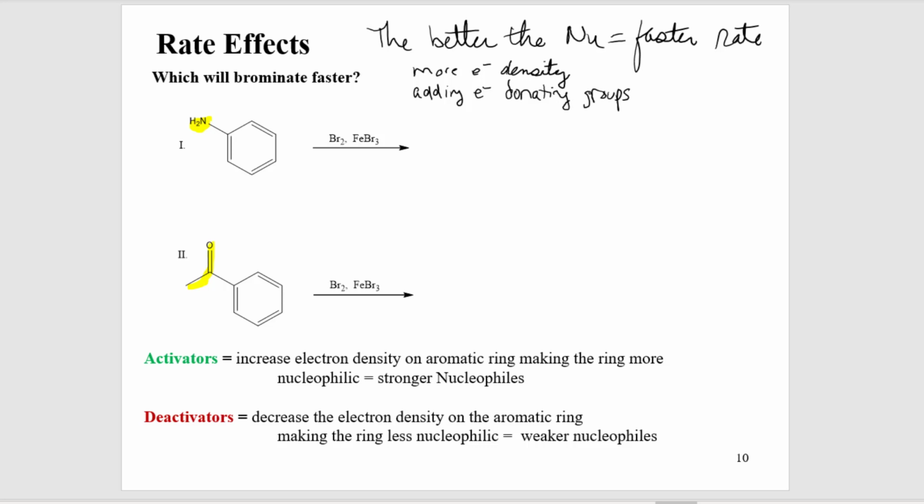So we're going to go back to that beautiful lesson I taught you in like the first few weeks of Orgo 1, how to distinguish an electron donating group from an electron withdrawing group. You do that through dipoles. You can also do it by looking at the atom directly off of the ring.